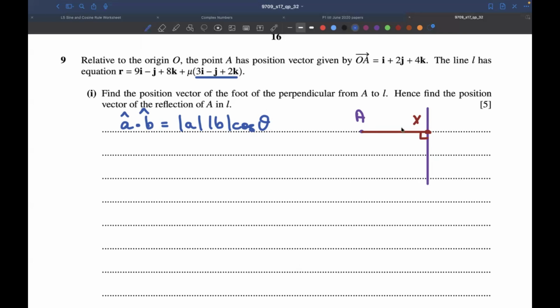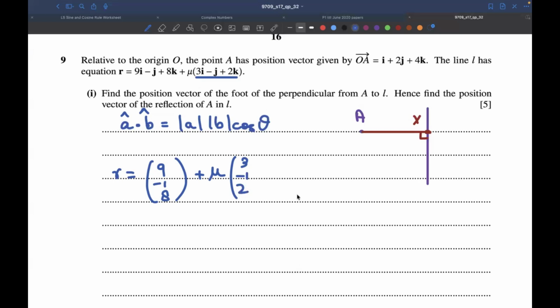What we have to do in every single question like this is, first of all, what we know is that X lies on the line. So if X lies on this line, the equation of the line is 9 minus 1 and 8 plus mu into 3 minus 1 and 2.